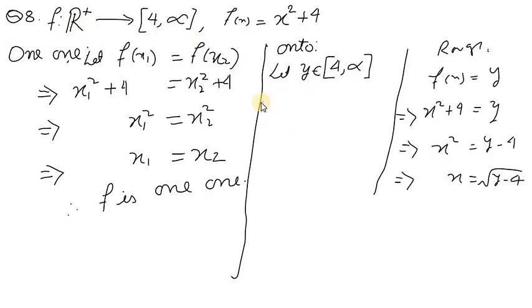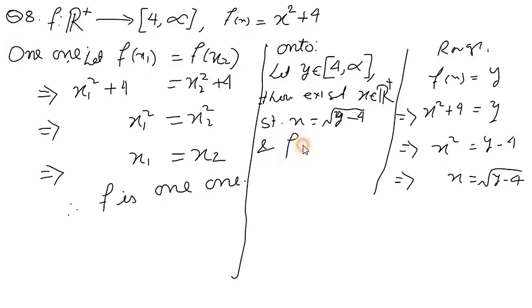So this implies that there exists x belonging to R plus such that x equals the square root of y minus 4 and f of x is equal to y.